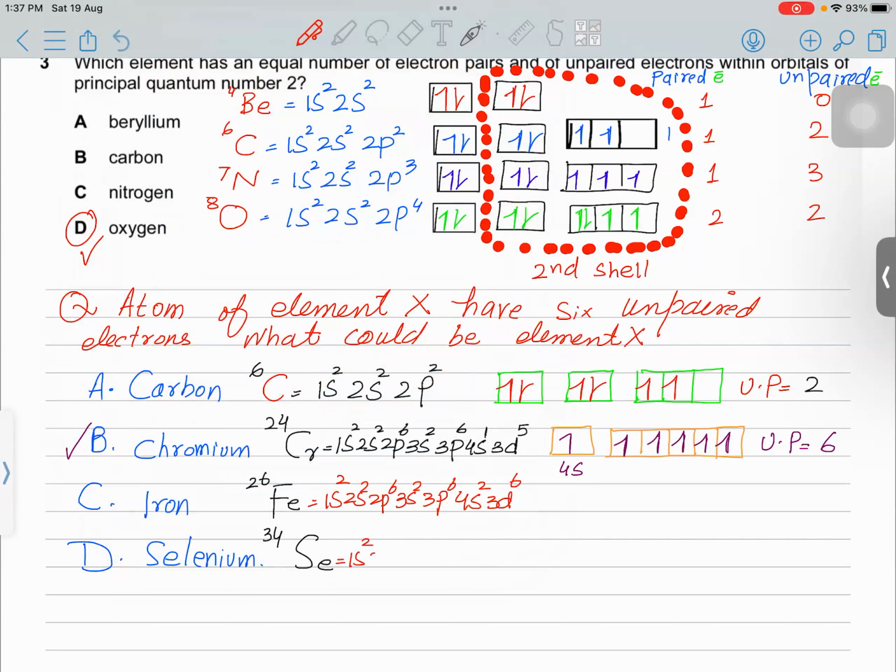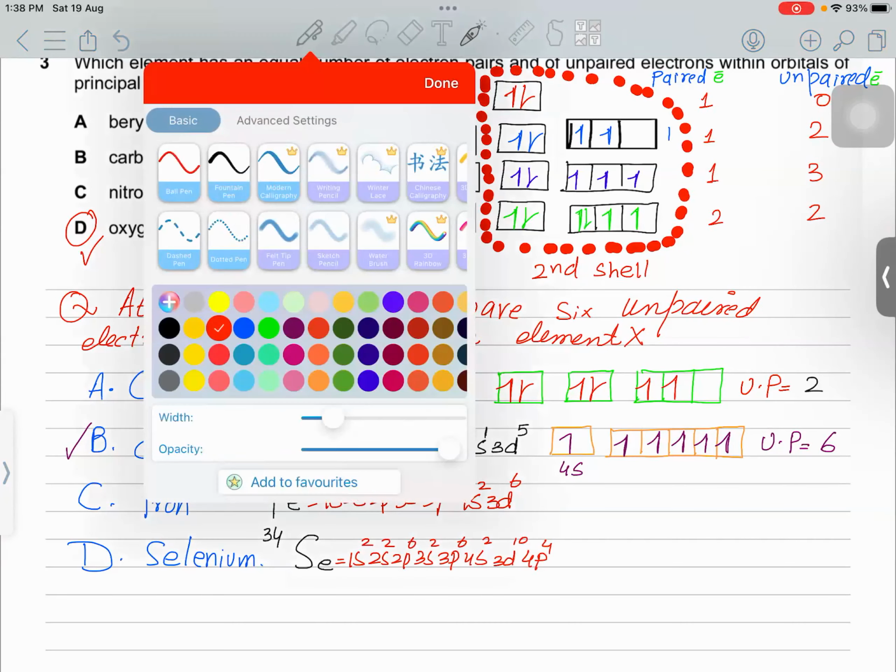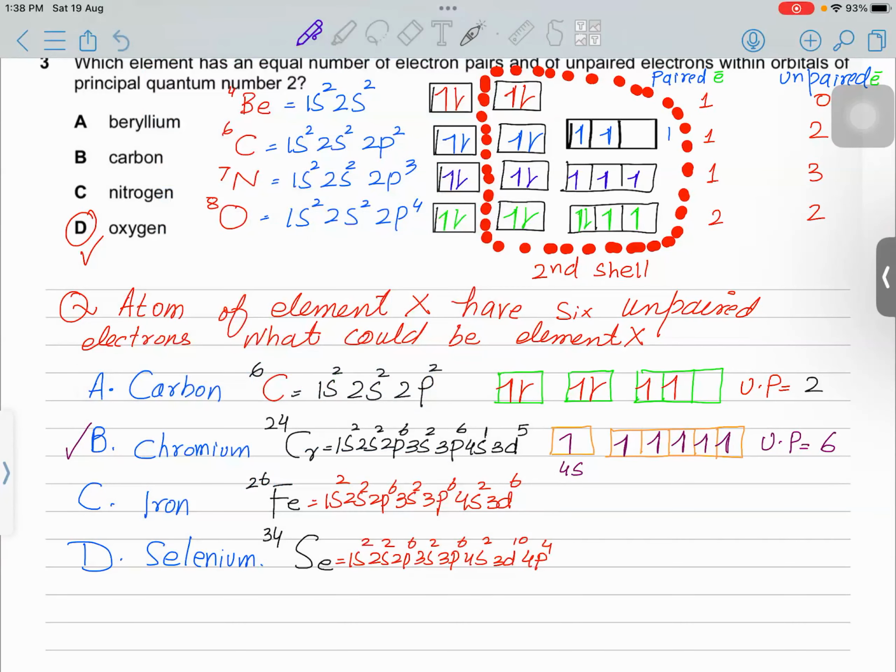Selenium: 1s2, 2s2, 2p6, 3s2, 3p6, 4s2, 3d10, 4p4. The valence is 3d, 1, 2, 3, 4, 5.